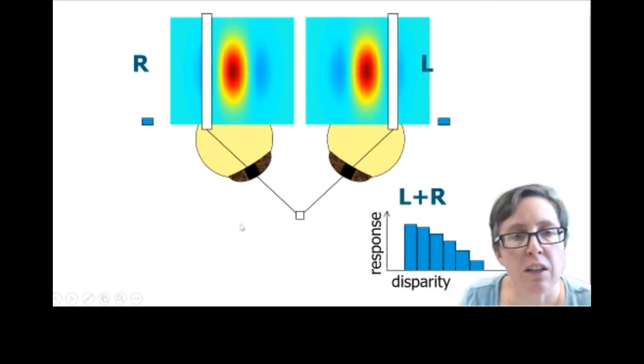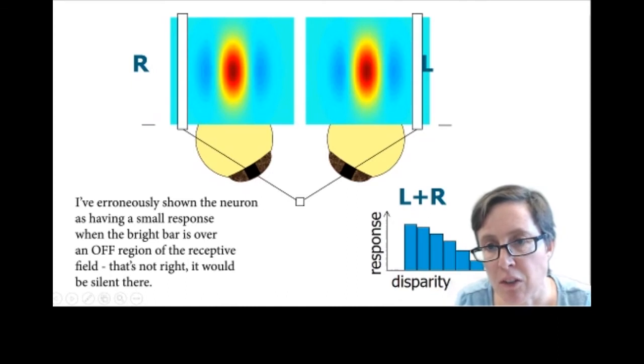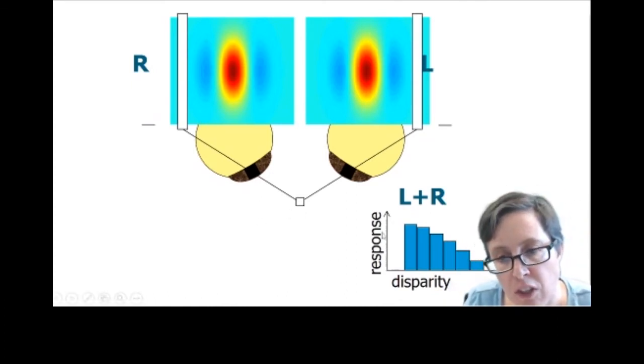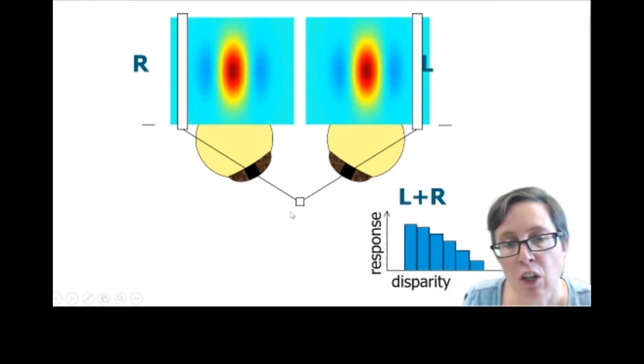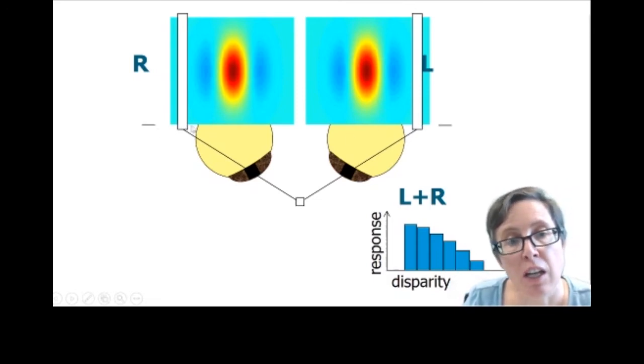And over here, the cell's now actually receiving inhibitory input, so it would in fact be silent. So you can see that the response of this neuron is changing with the disparity of the stimulus, with the difference in position in left and right eye.